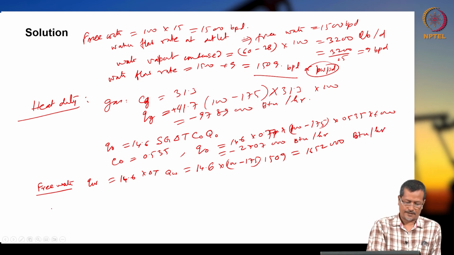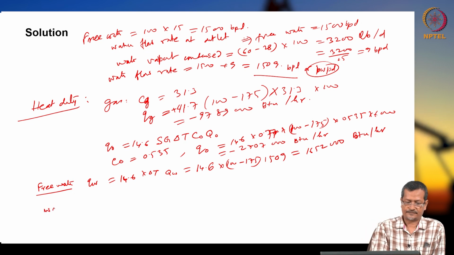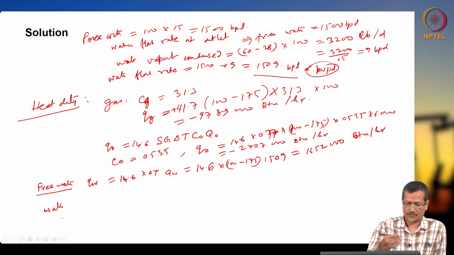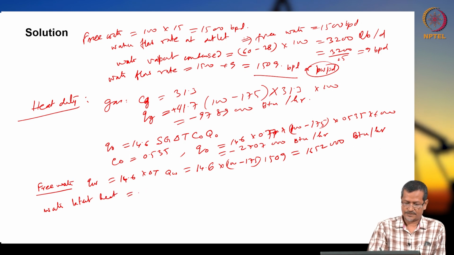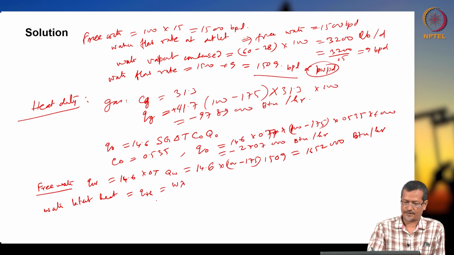Okay. So, water latent heat, because phase change is occurring. So, water latent heat, Qlatent equals W into lambda. So, they are using lambda for latent heat.